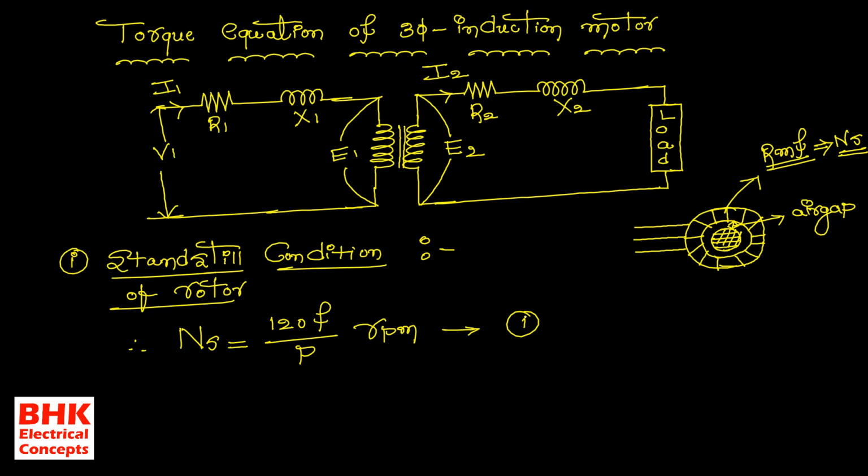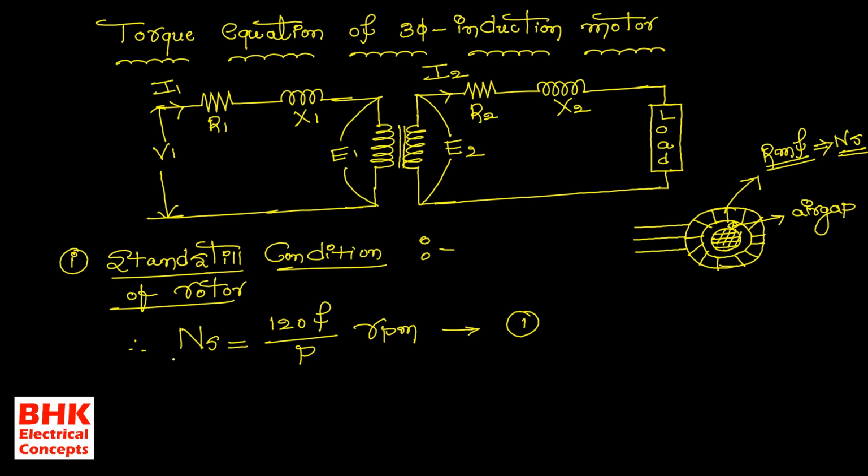Now coming to the rotor. As per the working principle of a three-phase induction motor, we need to rotate the rotor. Our target is to rotate the rotor. I am talking about the standstill condition.